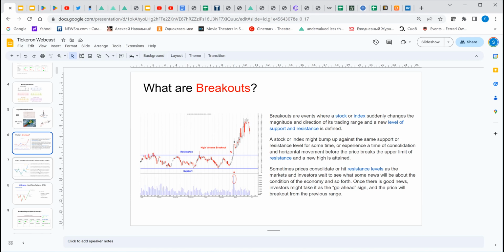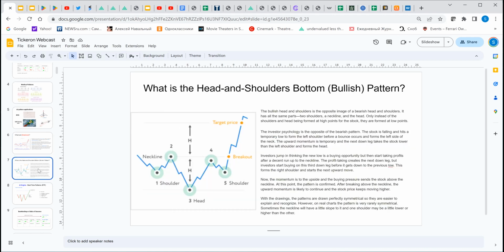Okay, so let's see what different types of patterns we have. This is a head and shoulders pattern. You see, this is a head, but kind of reversed. This is a couple of shoulders. We say breakout right here, and then there are some definitions in our charts: emerging patterns and confirmed. Emerging is when you have pretty much all points, and it's somewhere here, but it didn't break out yet.